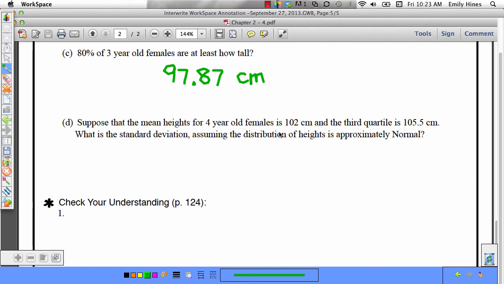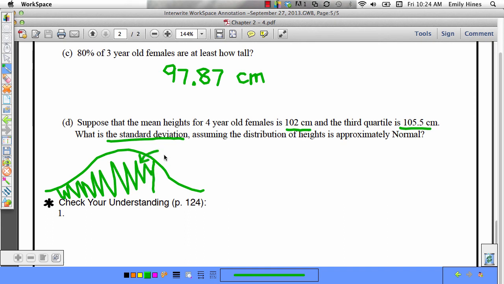And then we have the mean and the third quartile, and it wants to know what the standard deviation is. This one is a little bit different. I know my mean is 102, and my third quartile means that this much right here is 0.75. If I go look at table A or inverse norm, I would find the z-score that goes with this, 0.67.